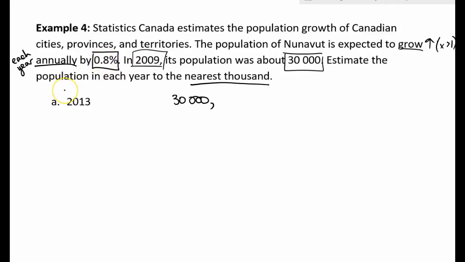Now remember, when working with percents, we want to convert them to decimals in order to be able to do a calculation with them. So we're going to go from 0.8%, that's actually 0.008 as a decimal. Now I'm going to multiply that by 30,000 to find out my growth.